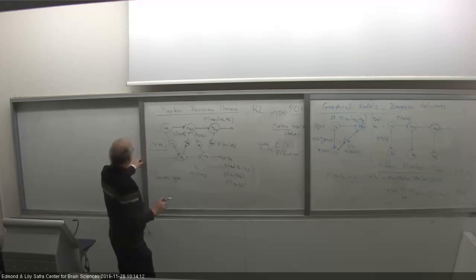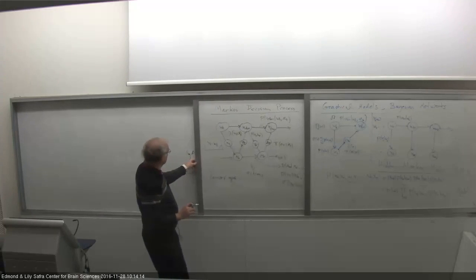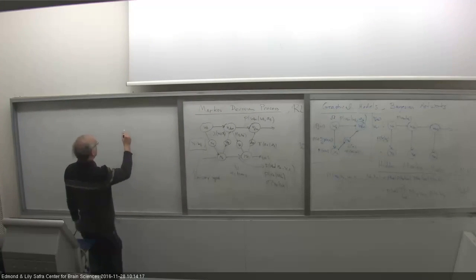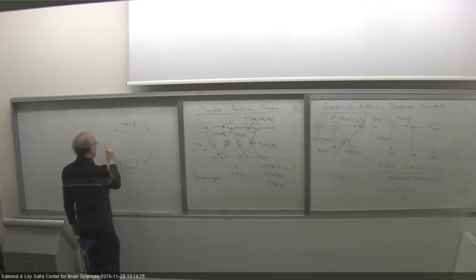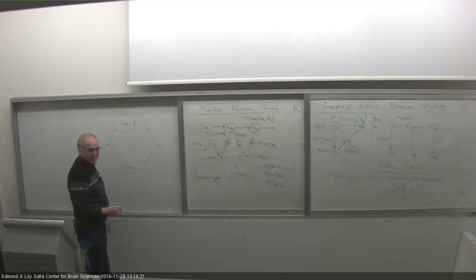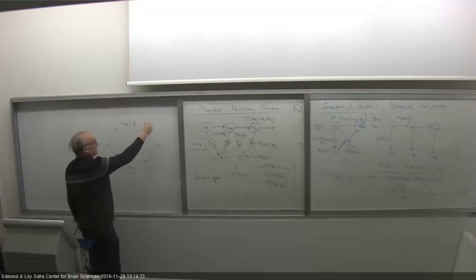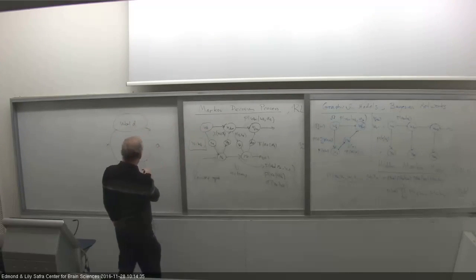In particular, when we think about the brain, I usually have this nice picture. This is the world. This is the brain. And we have two channels, observations and actions. And they are random variables essentially.